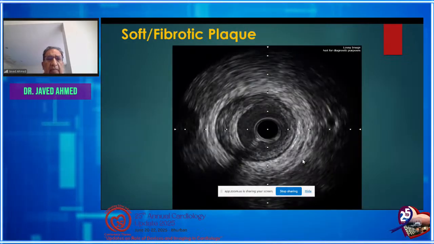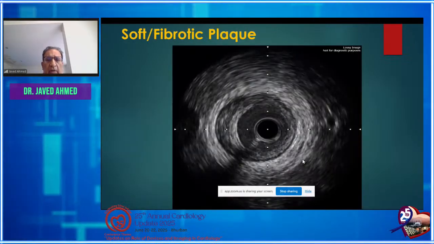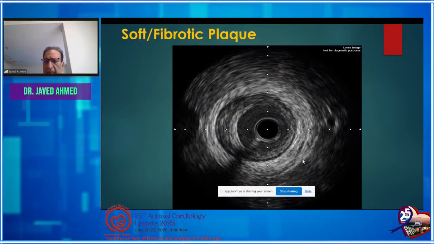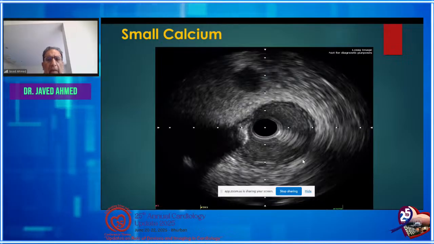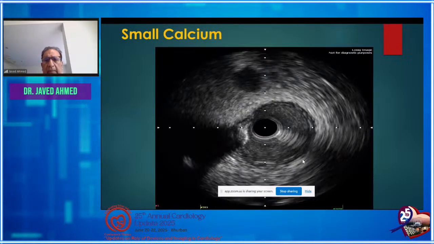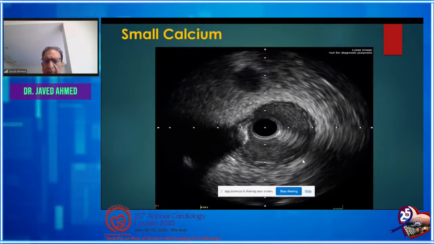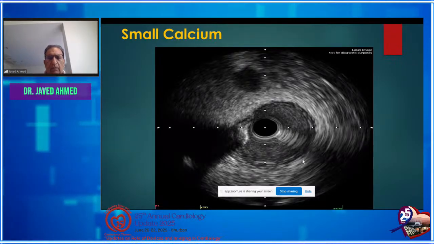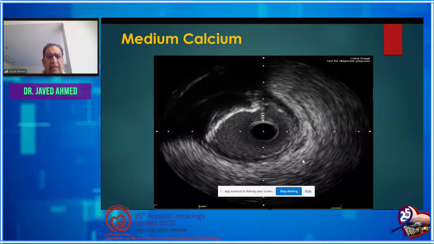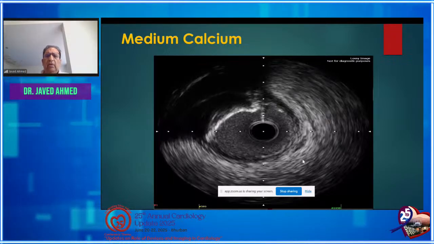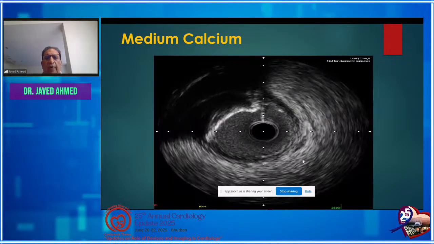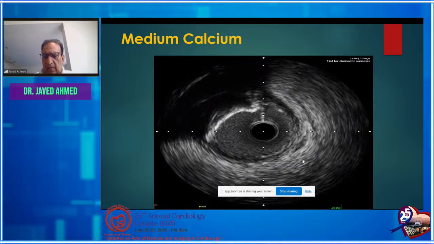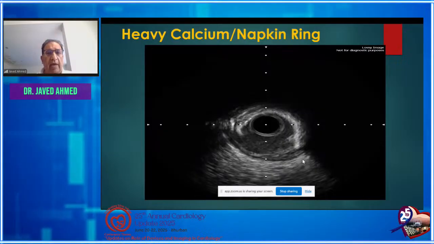And this is a soft and fibrous plaque as compared to calcified plaque. This is a very small amount of calcium with an arc of less than 60 degrees. This is a medium-sized calcium, close to an arc of over 150 or 180 degrees. The next one is heavy calcium.